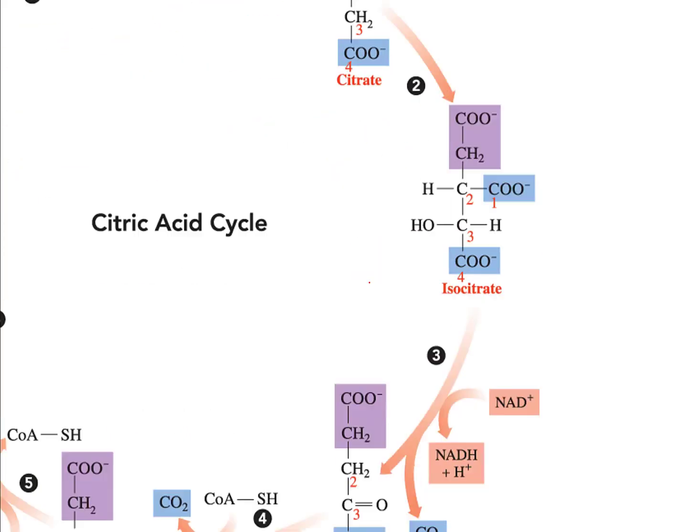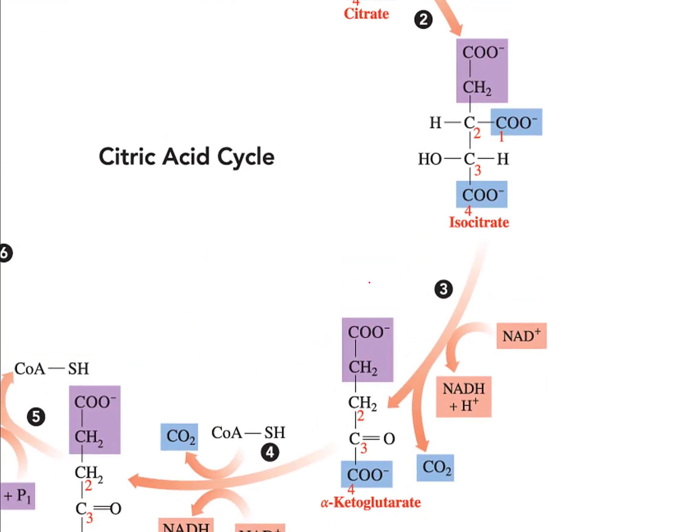That's really all that happens. Okay, but now from this one down to the next, look what gets bumped off. So we're going to pull off a carbon dioxide. That carbon dioxide, that COO negative, gets pulled off, and more hydrogens.